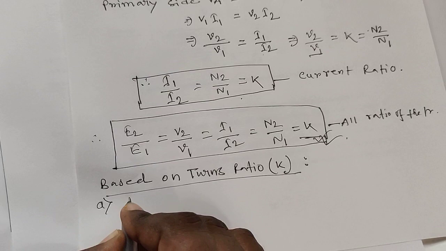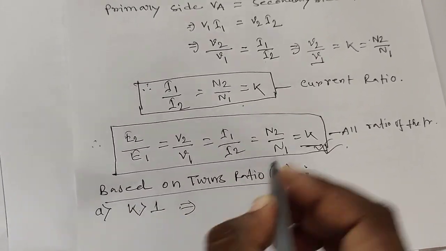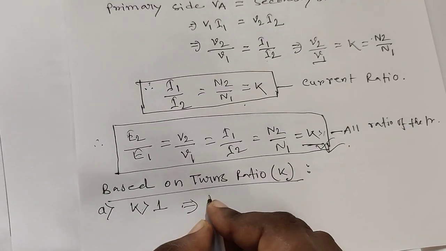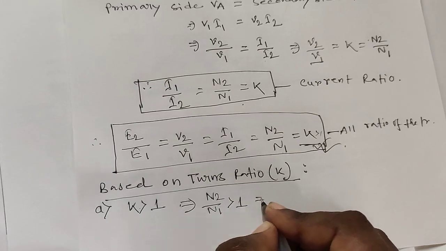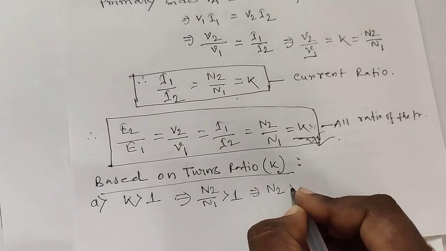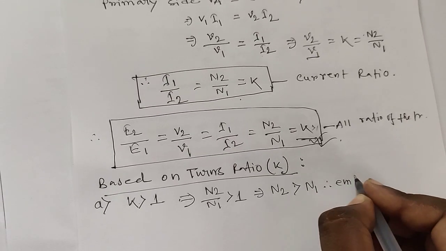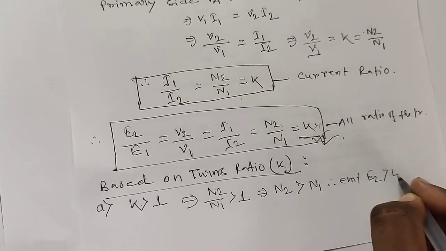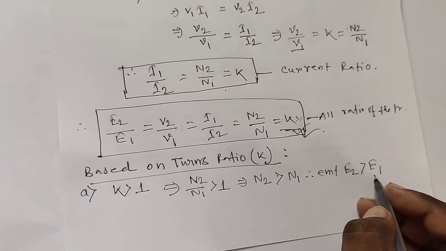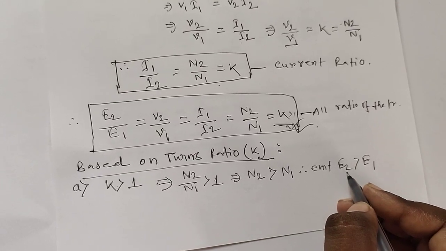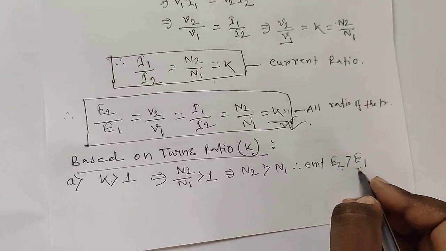Number one: when K is greater than 1, then N2 by N1 is greater than 1. Then we can write N2 greater than N1, that means the EMF E2 is greater than E1. The secondary side EMF is greater than the primary side EMF.